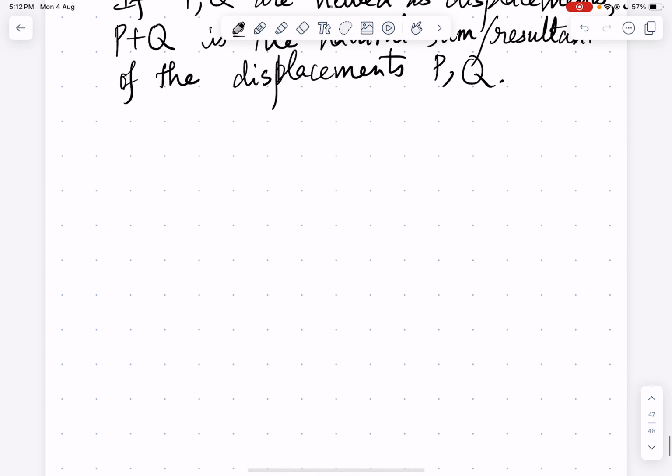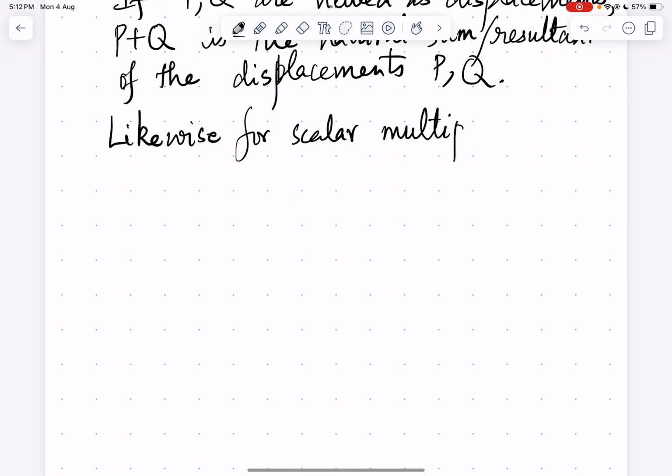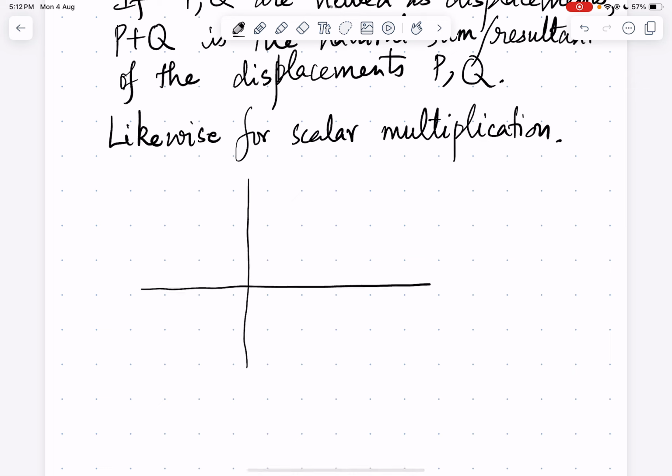Likewise for scalar multiplication. If you take a point, for example, you can think about scalar multiplication by 2. You can think about this point P, and twice this point is just this.